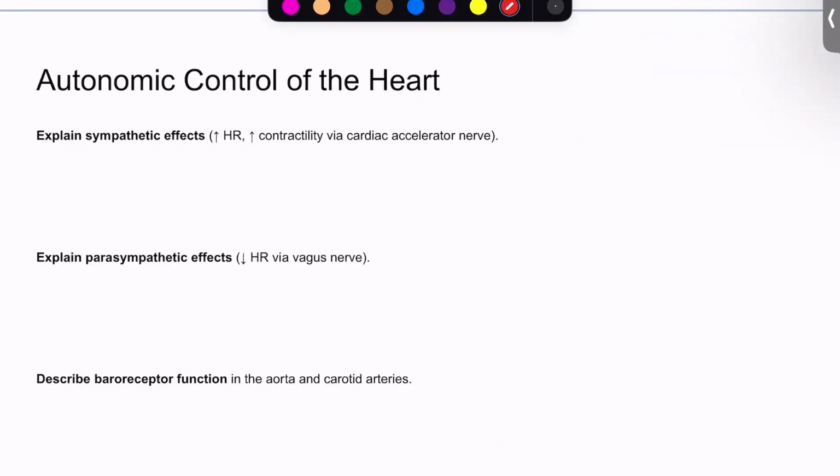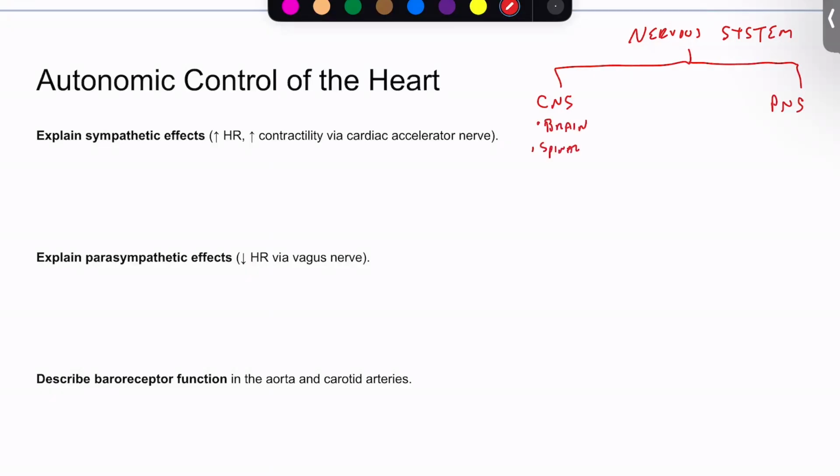Okay, so just real quick, you'll remember if we're breaking down our nervous system, we have our central nervous system and our peripheral nervous system. So central nervous system is going to be things like our brain, spinal cord. I like to think of the peripheral nervous system as literally everything else, but we have two areas.